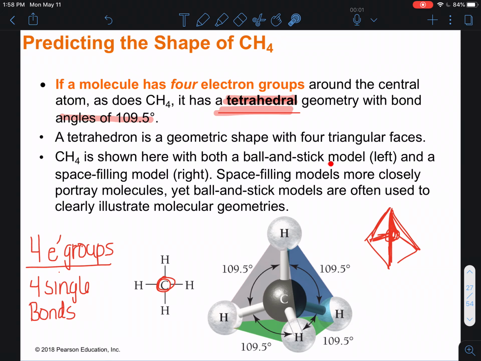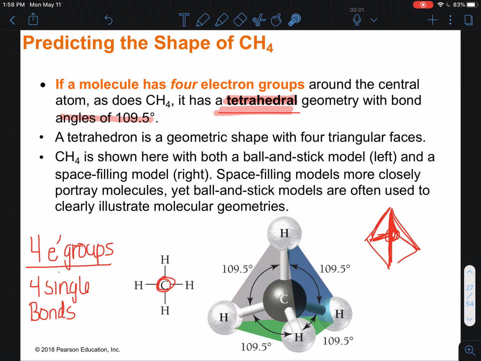CH4 is shown here with both. This is a ball and stick model, and then there's the space-filling model, whichever. Either way, this is a really good example.